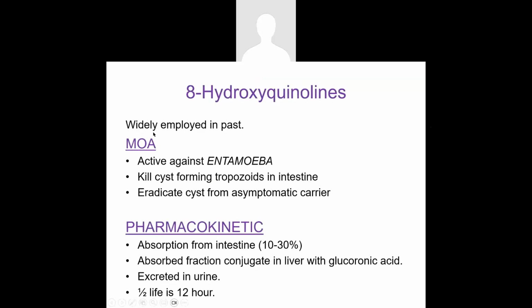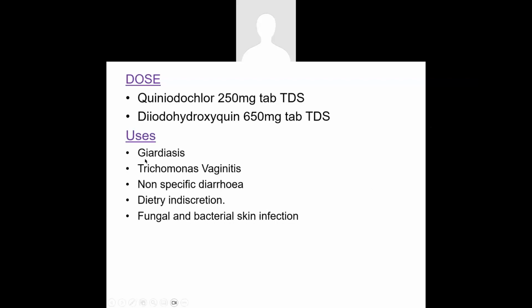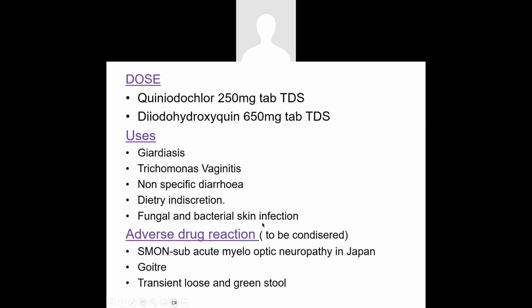8-hydroxyquinoline is active against entamoeba, kills cyst-forming trophozoites in the intestine, and eradicates cysts from asymptomatic carriers. This is used for giardiasis, trichomoniasis, non-specific diarrhea, and fungal and bacterial infection.